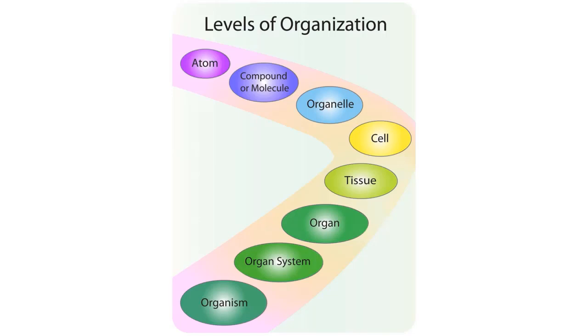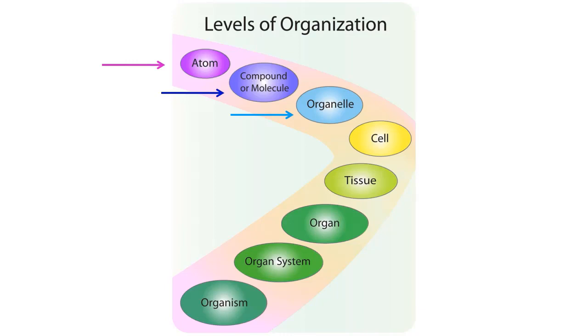This is a diagram of the levels of organization of the human body or any animal. It starts with atom, something you have studied, then atoms produce compounds or molecules, and molecules produce organelles.